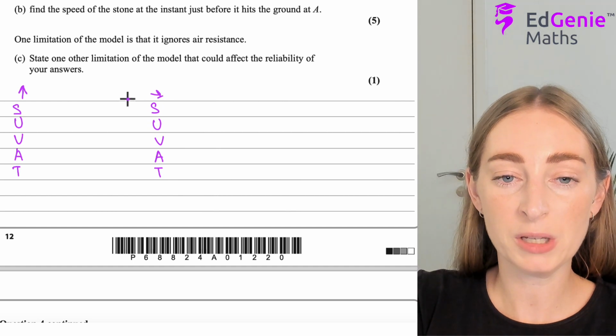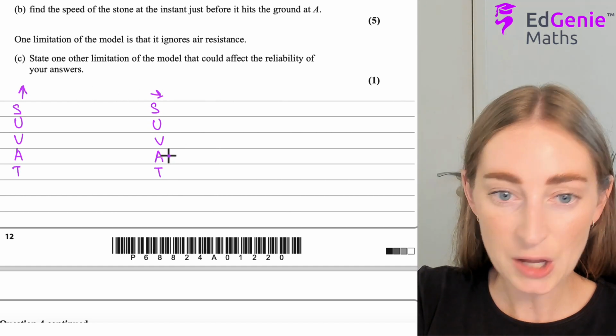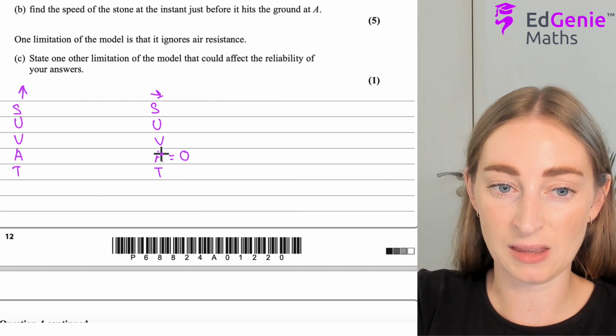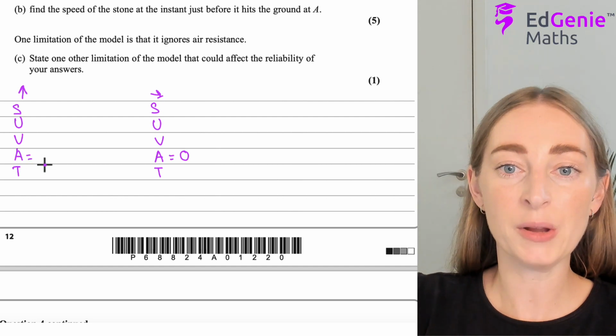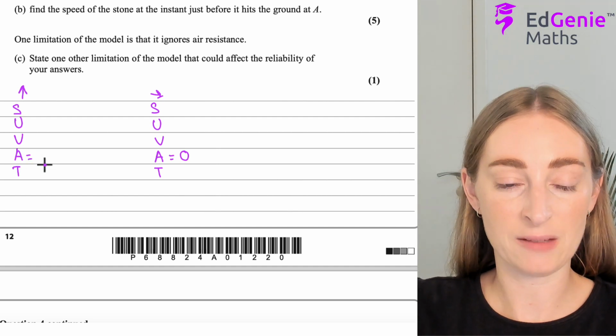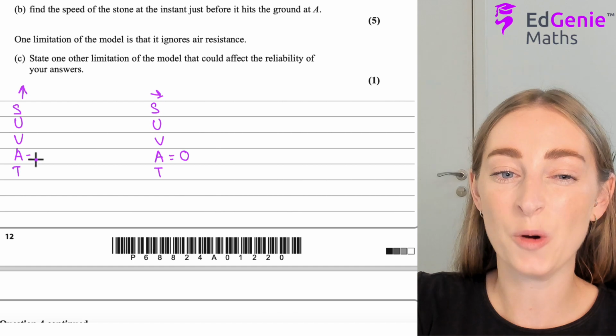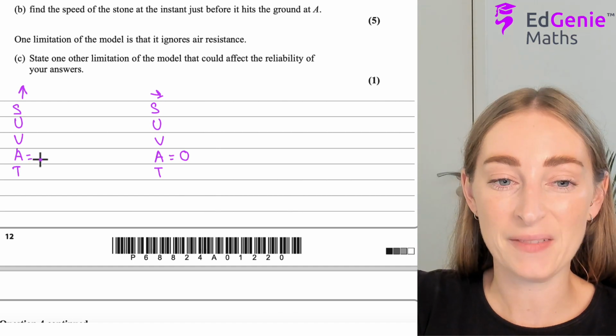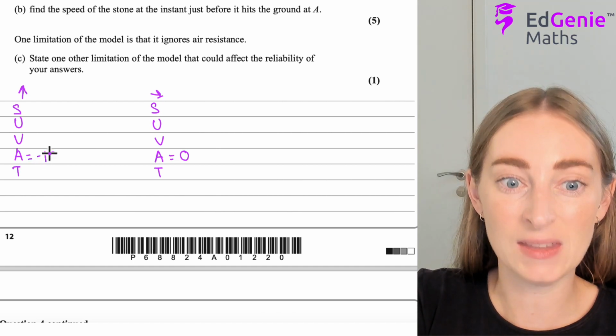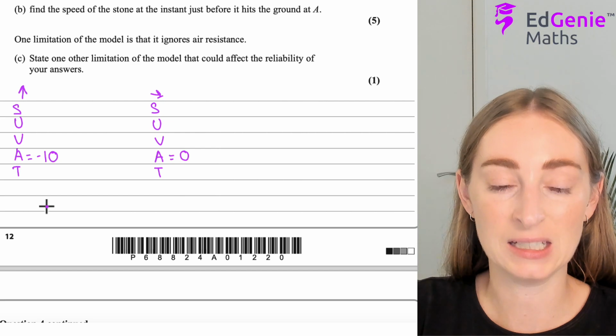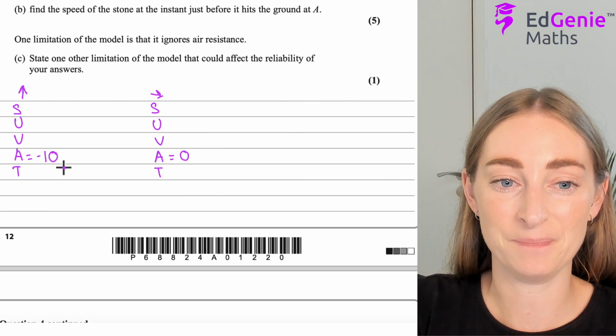So we know when we're going horizontally, we're not going to have an acceleration. So that's going to be 0. When we're going upwards, we're going to have an acceleration which is going in the opposite direction of gravity. And they've told us that in this case, we're taking it as 10. So it's going to be negative 10.